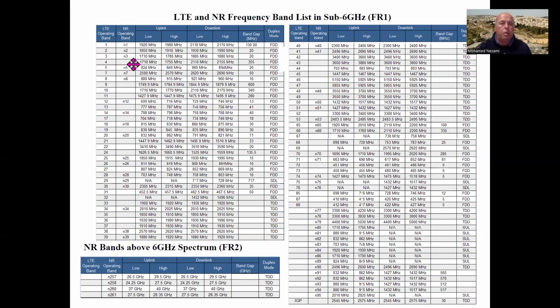Okay, so if you look at the FR1 and FR2 frequencies for 6G, and we're going to look also at the SATCOM, Ku and Ka band, and C band, what you can see is that these bands are named with N and some numbers between 1 and 261 in this case.